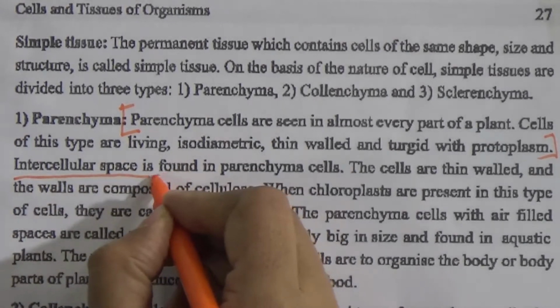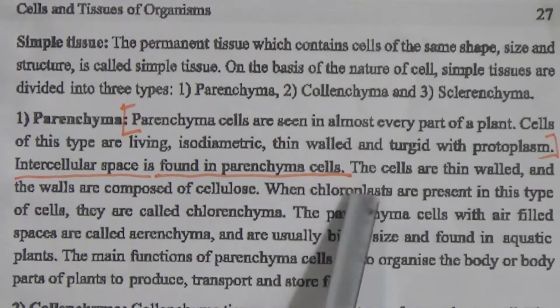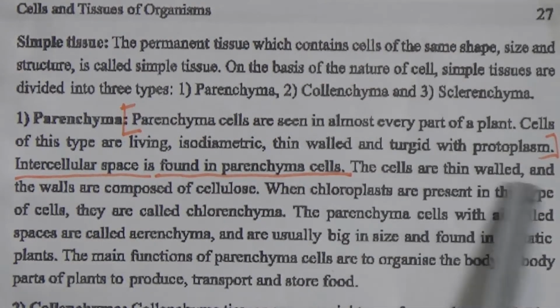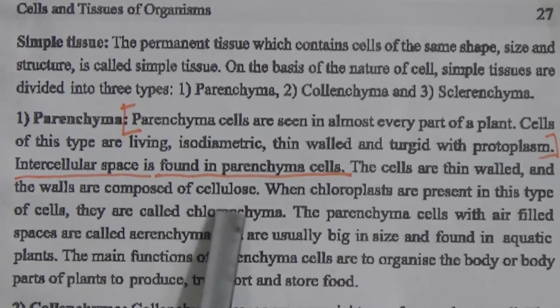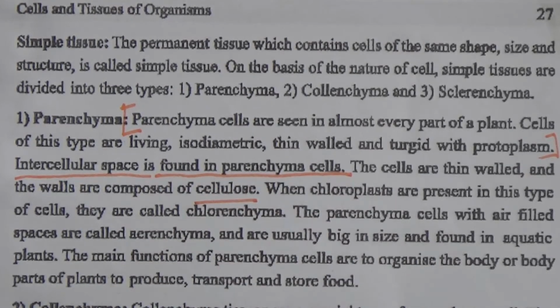This line is also important for you, because in the next types, that means collenchyma and sclerenchyma, there is no intercellular space. The cells are thin-walled and the walls are composed of cellulose. Underline cellulose.